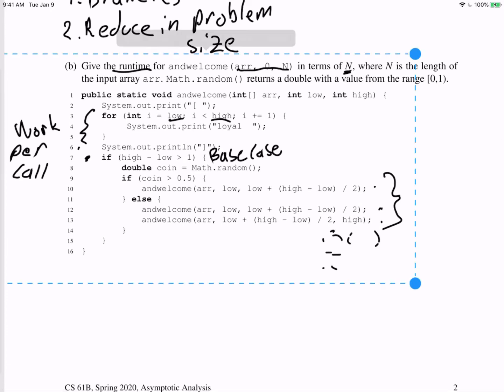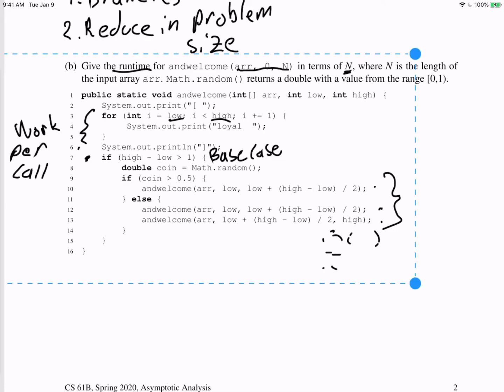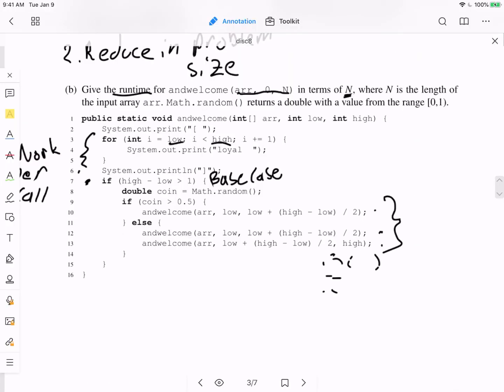This part for this question is a little bit different than other ones. We see the recursive call is now doing, so low will stay the same, but high changes to low plus this quantity, high minus low, divided by 2. And the array stays the same. For this part, maybe you're confused: what is the problem size even? That's when we need to go back to the work per call.